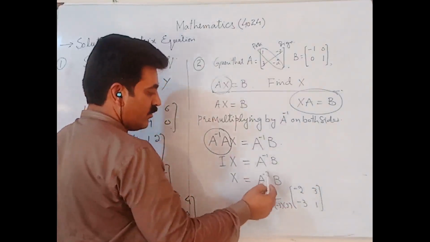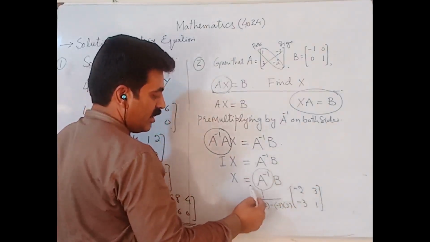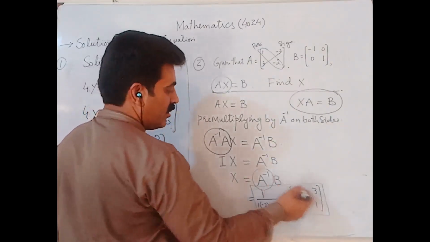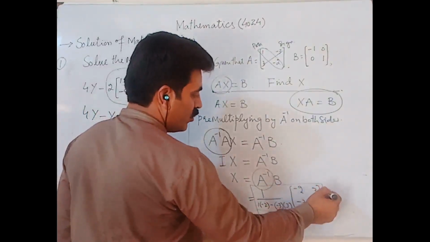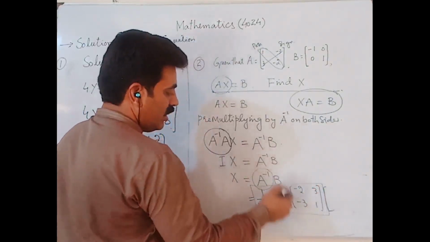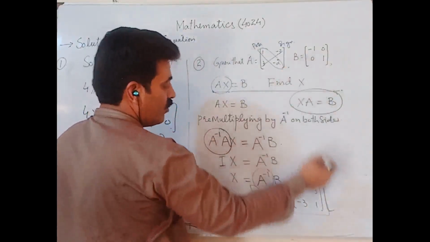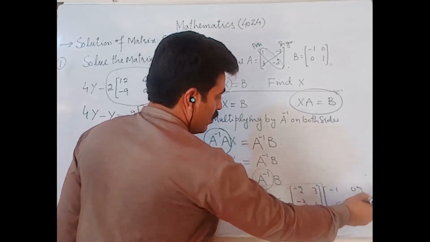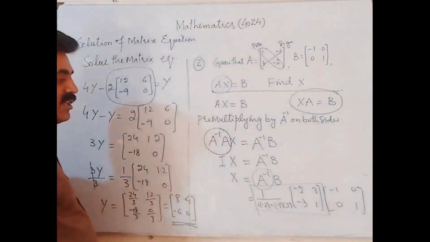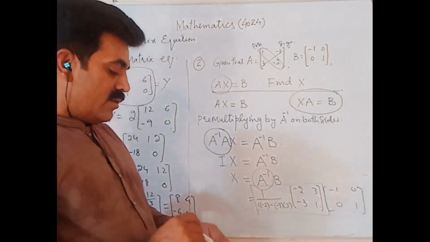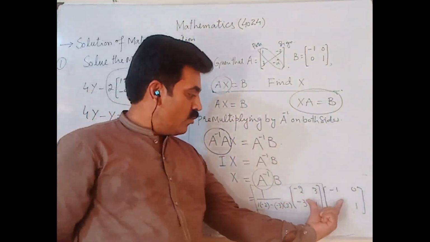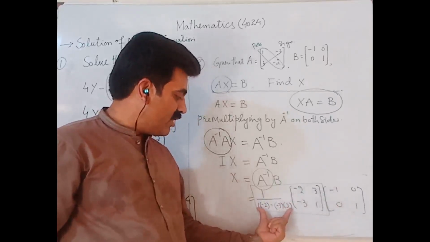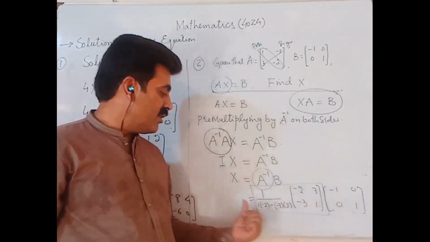This whole thing is A inverse by applying the formula, and next we have to put B. What is B? Minus 1, 0, 0, 1. Now we will multiply them. By multiplying these two matrices and then dividing all the entries by this answer, we will get the matrix X.